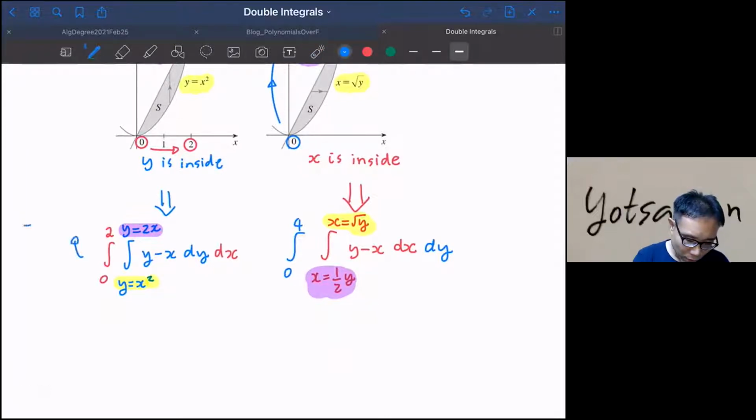So this one is not equal to, if you just switch, so you have y equal to x squared, y equal to 2x, and you have the integral 0 to 2, something like this. This cannot be done for this kind of double integral. It's not the same as in the previous section. Okay, so this one cannot be just switched because these limits are not constant.